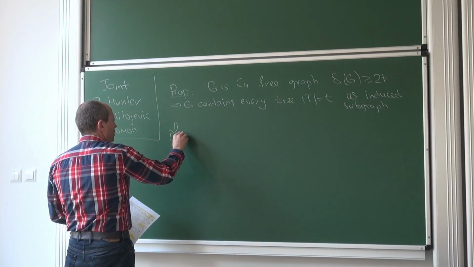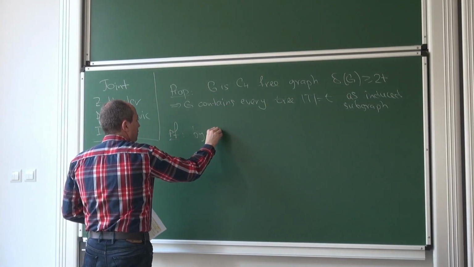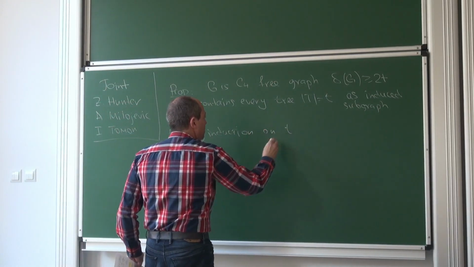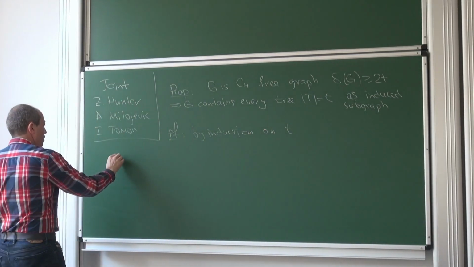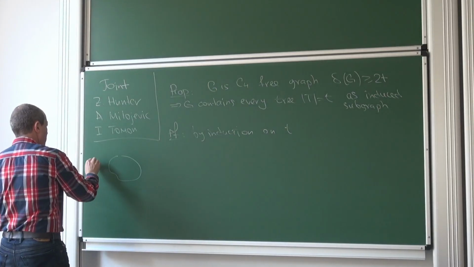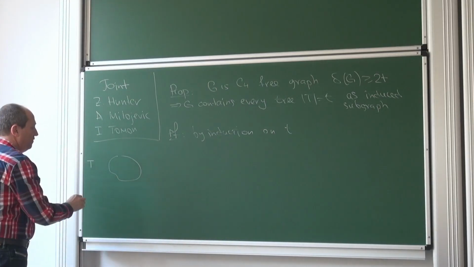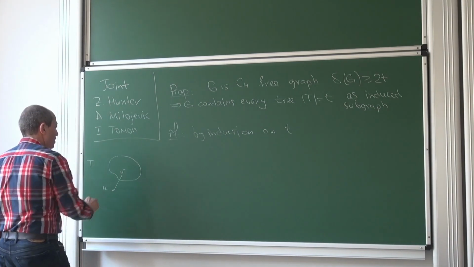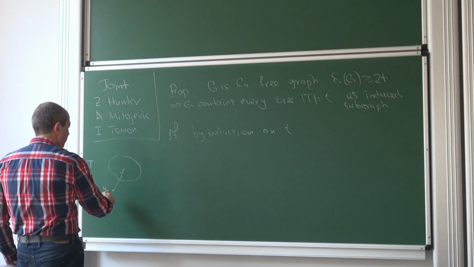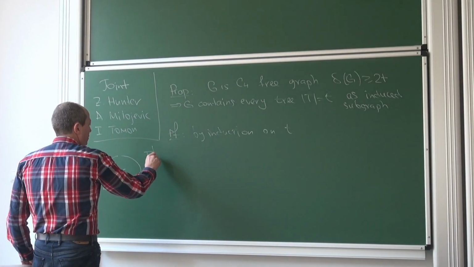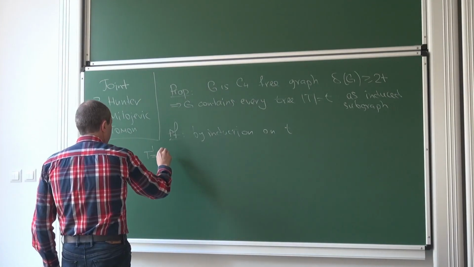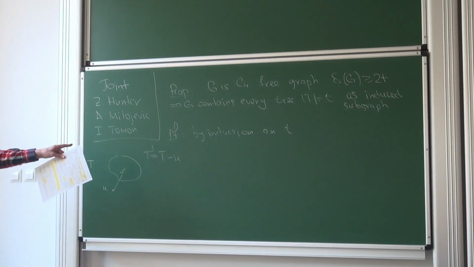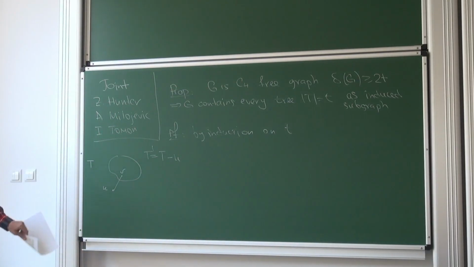Okay, so the proof is very easy. Let me do it. It's by induction on t. Imagine you have your favorite tree T, and I find in this tree a leaf, u, with neighbor v, and I delete this leaf from the tree, getting T minus u, and I use induction. So this is obviously a tree of smaller size.